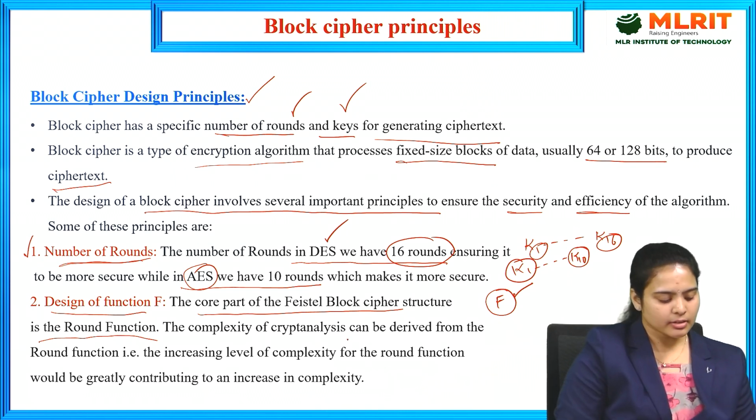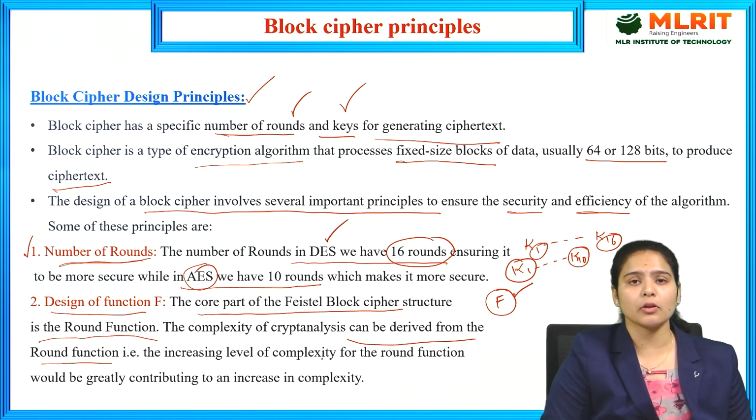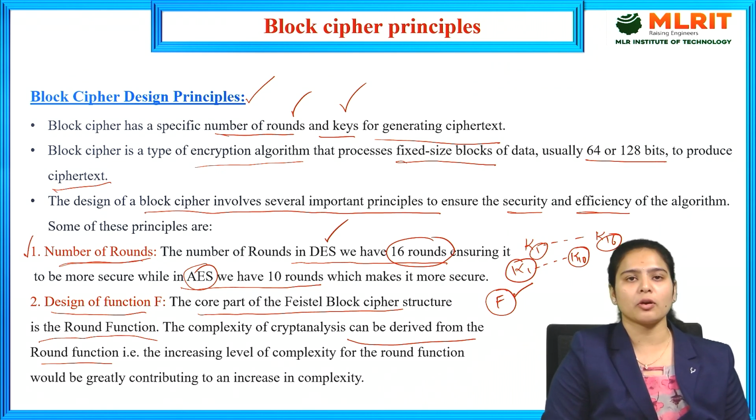It can be derived from the round function. It means there is an increasing level of complexity for the round function. Whatever the function of the Feistel cipher block structure is performing in DES and AES, it depends on the level of the rounds and level of the keys.